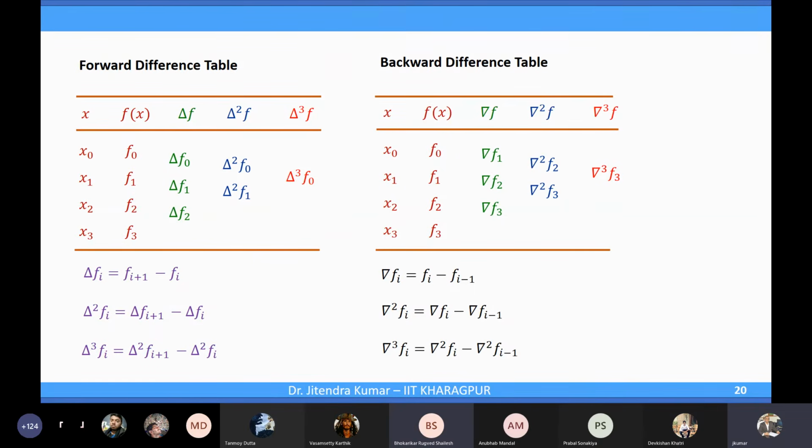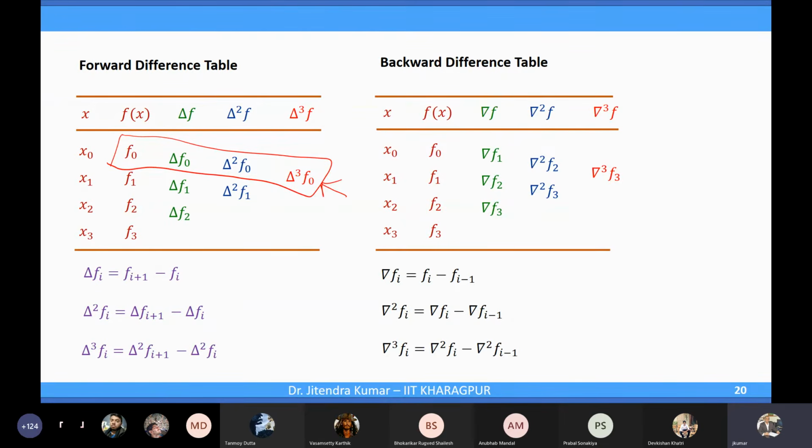In all those interpolating polynomials, what do we need? So I will just emphasize here itself. Once your table is ready, if you will be using Newton's forward difference formula, in that case, these values are required: f naught, delta f naught, delta 2 f naught, delta 3 f naught.